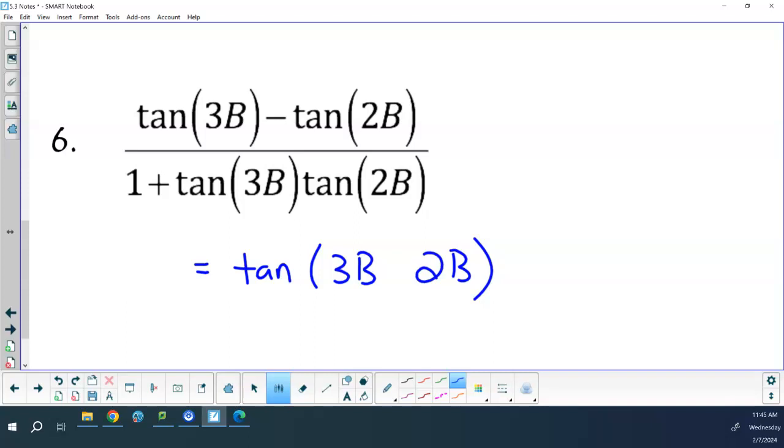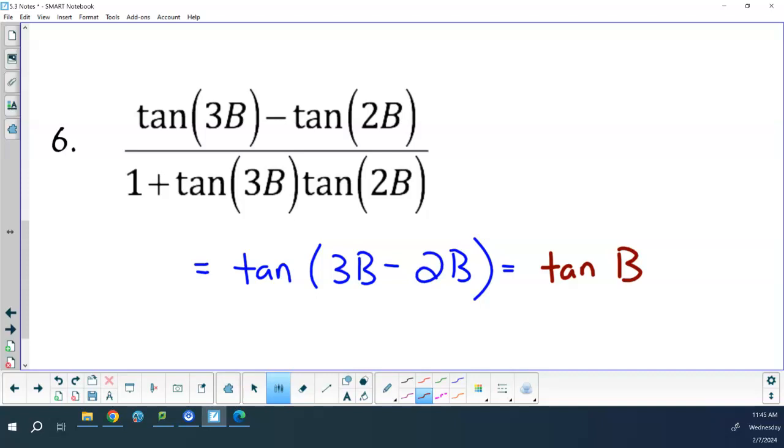Minus, because tangent matches the numerator operation, and it's opposite the denominator operation. So that's just the tangent of B. Yes?